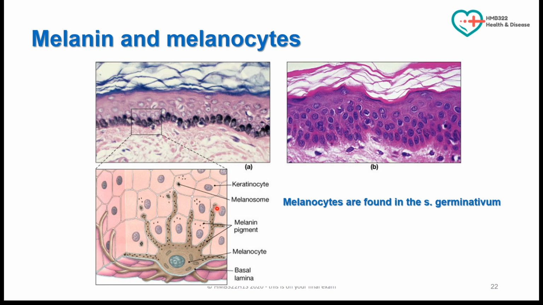Melanin is then released from these different appendages, and this melanin pigment is taken up by the surrounding keratinocytes that you see around it. If you go back to that earlier video that I showed you at the beginning, that you don't actually have in your slide deck, these are the cells that were responding.